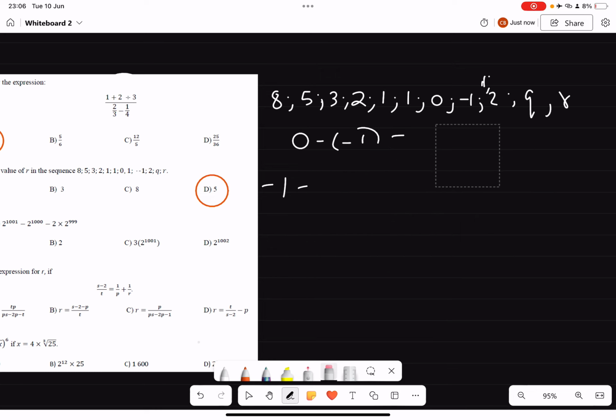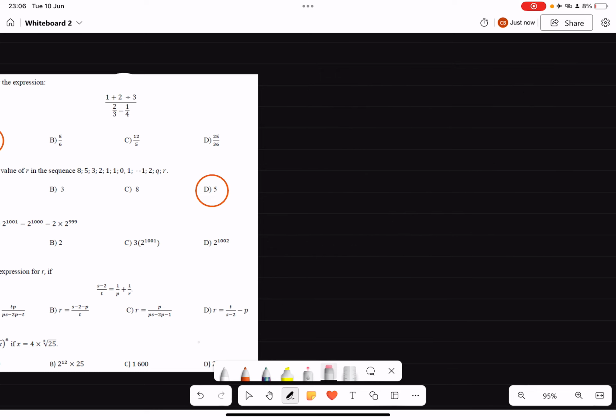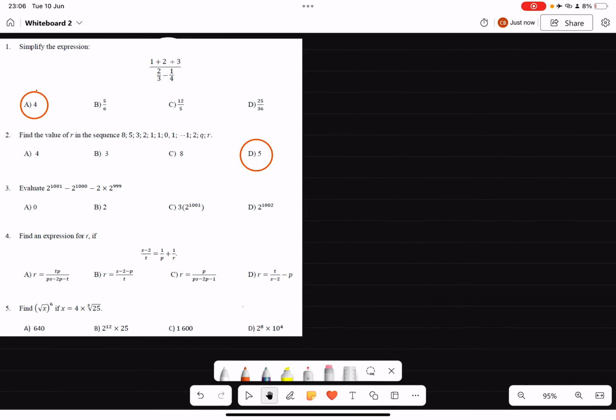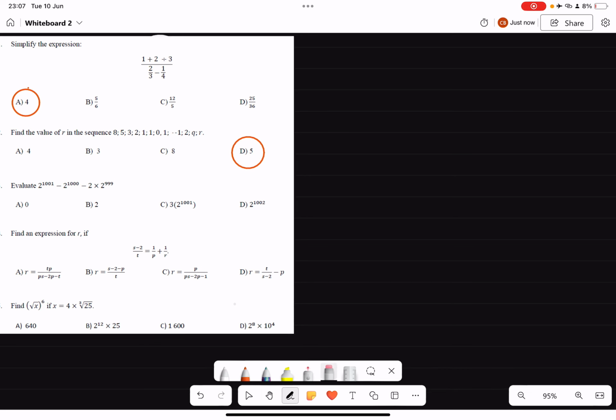We're gonna go to number 3 now. On number 3, we are asked to evaluate the following expression, and we can see that these things look scary, right? But we're going to make it look very simple.